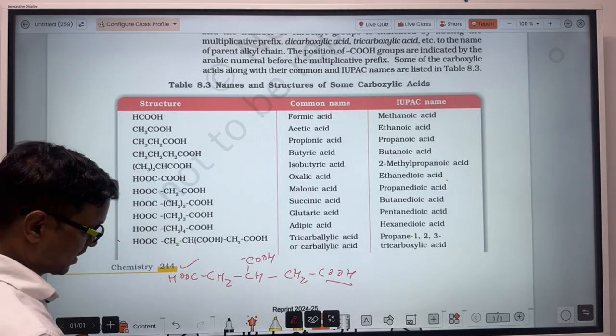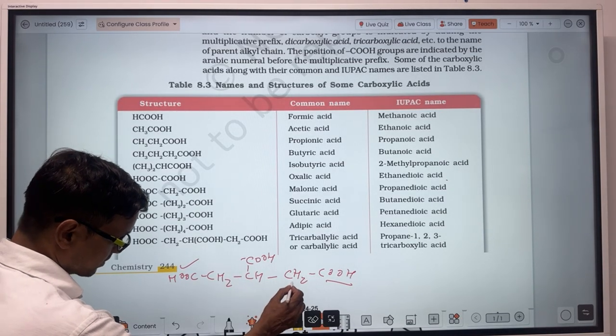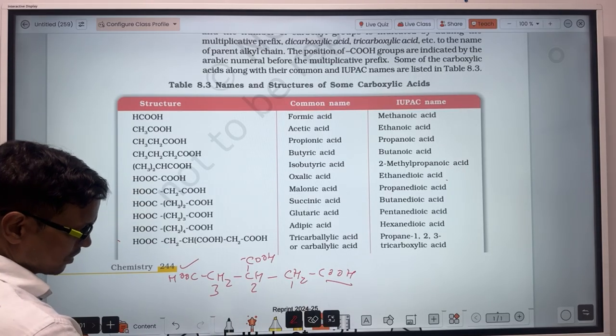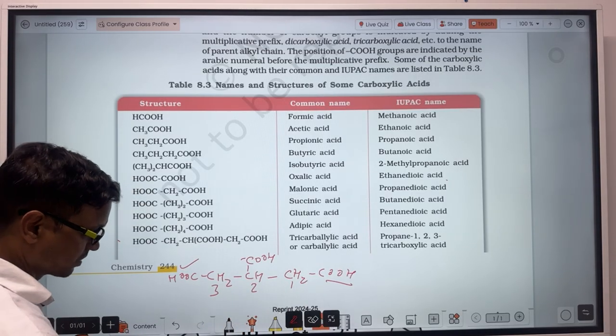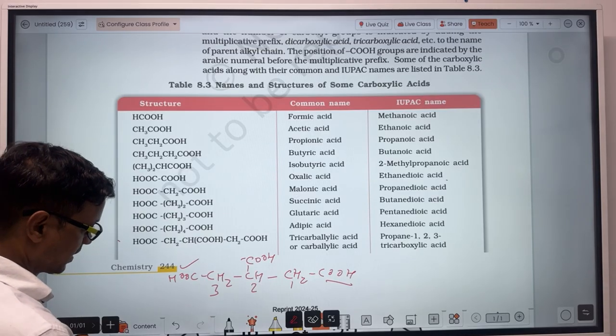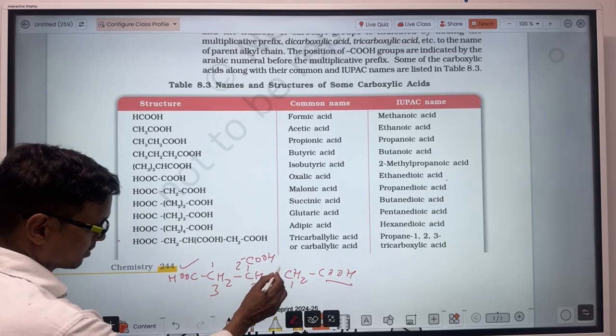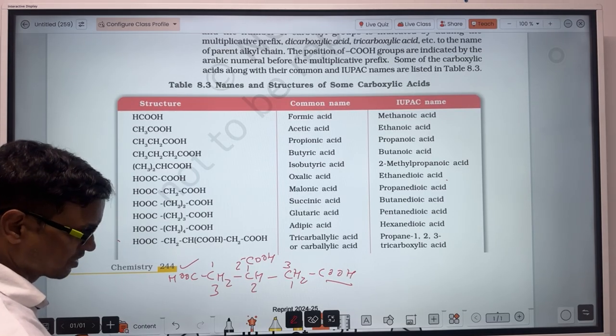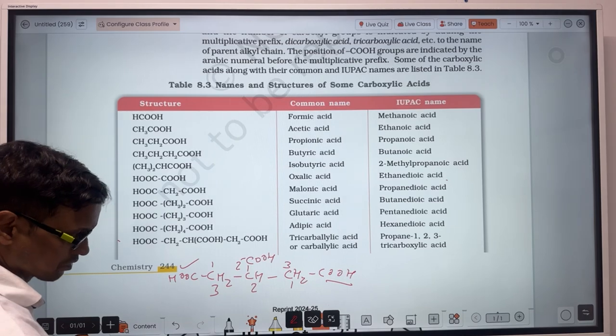So now do the numbering. If you do the numbering from right to left, so 1, 2, 3: first position COOH group, second position COOH group, and third position COOH group. And if you do numbering from left to right, at first position there will be a COOH group, second position a COOH group, and on the third position there is a COOH group.